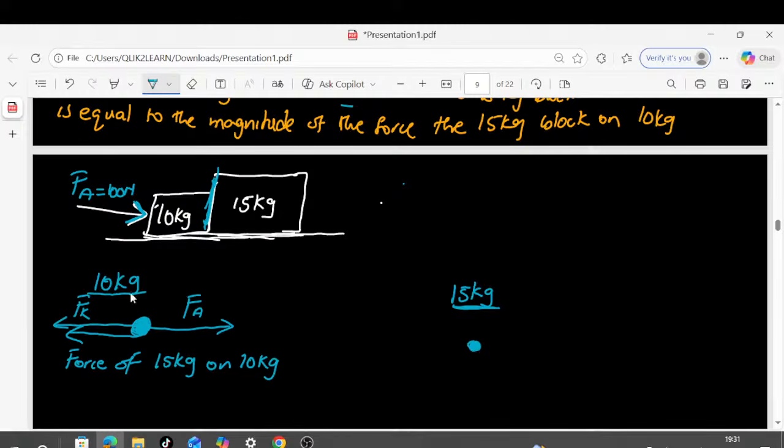So now, if the force of the 15 kg block on the 10 kg block is going to the left, this tells you that the force of the 10 kg block on the 15 kg block will go in the opposite direction. If you understand this concept, everything is good.